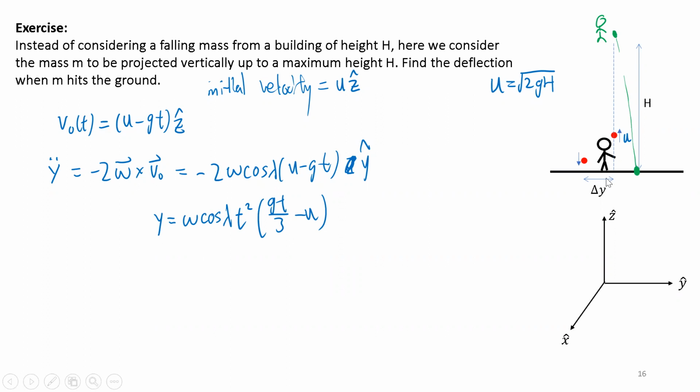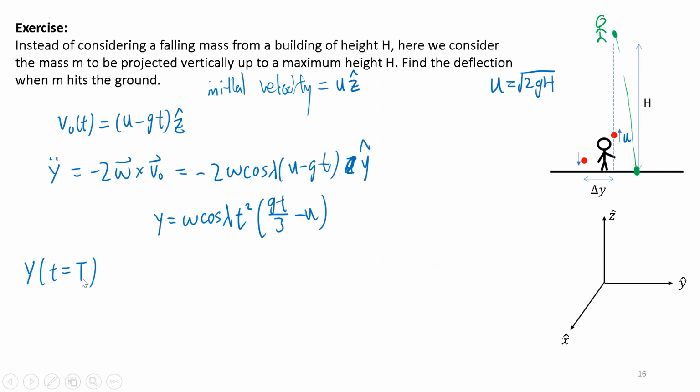Then we want to find the delta y, which is when the ball reaches the ground again. That would be y when t equals, let's say, capital T. It takes that amount of time for the ball to go back to the ground.